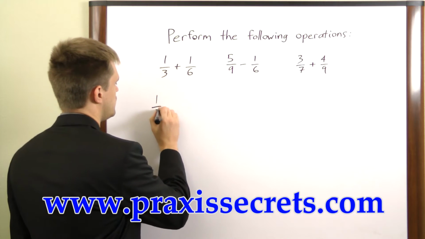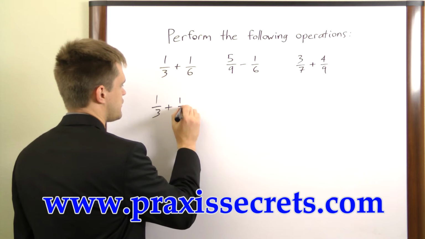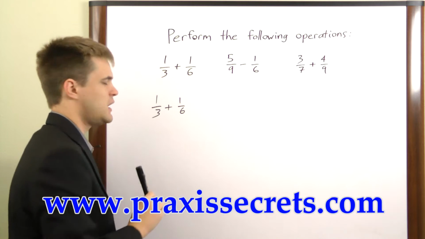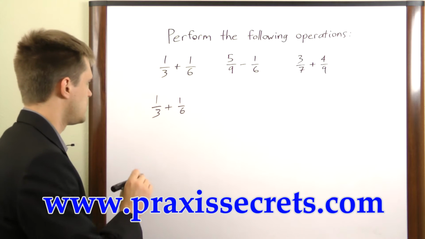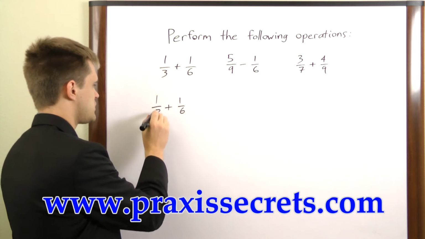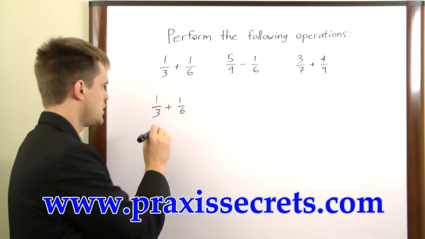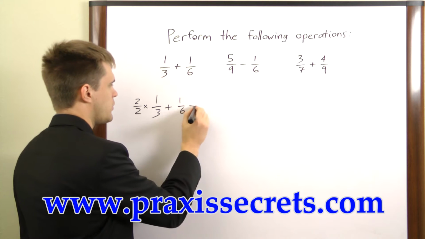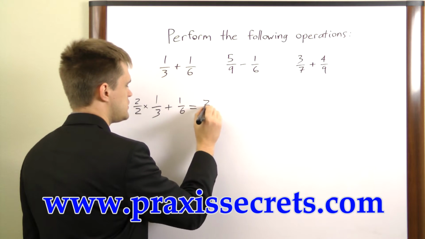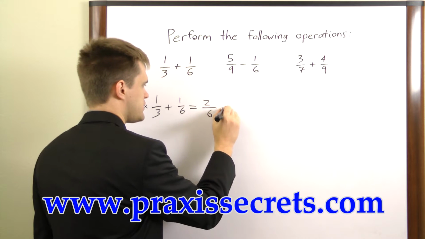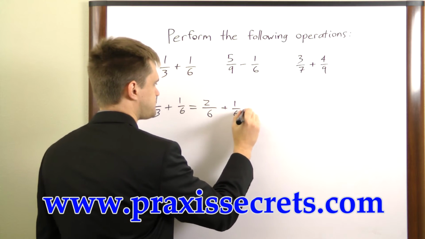First, we have 1 over 3 plus 1 over 6. Now, the least common multiple between 3 and 6 is 6. This one already has a denominator of 6, so we just need to change this one to have a denominator of 6. We'll multiply the top and bottom by 2, and what we get is 2 times 1 is 2, over 2 times 3 is 6, plus 1 over 6.